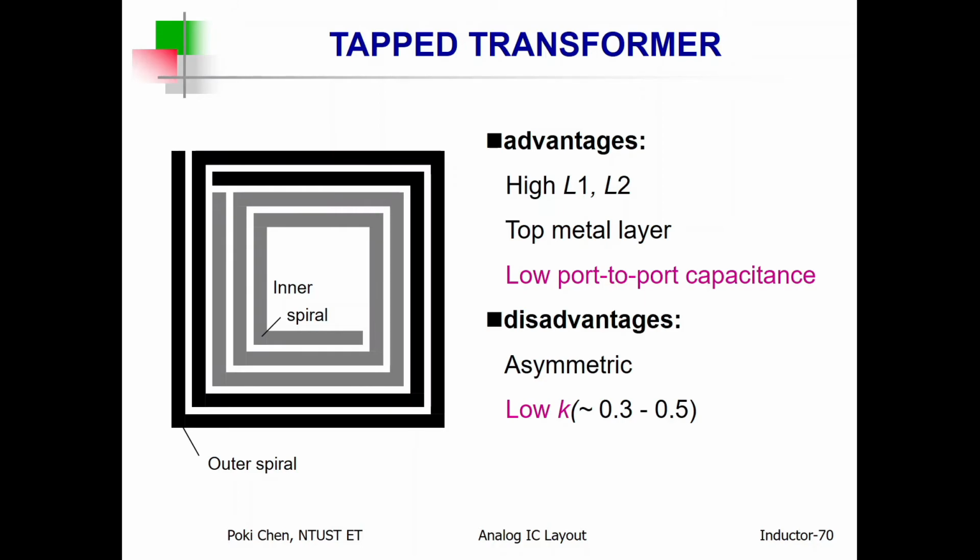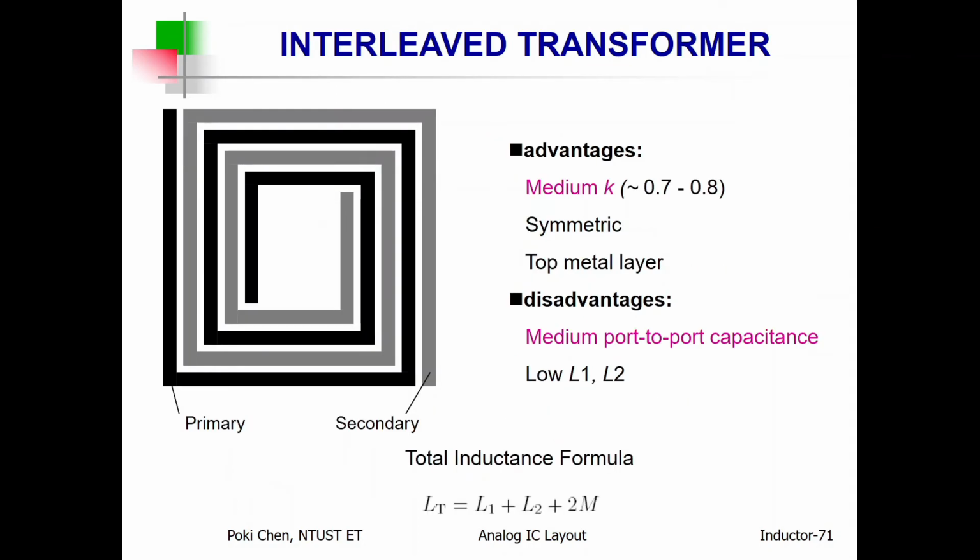For example, you can have a tapered transformer, one to the outer and the other in the inner. In this way, you can have very low port-to-port capacitance, but the K will also become really low.